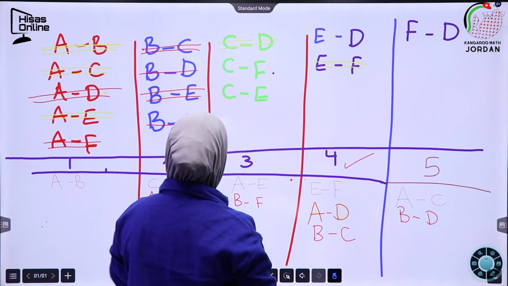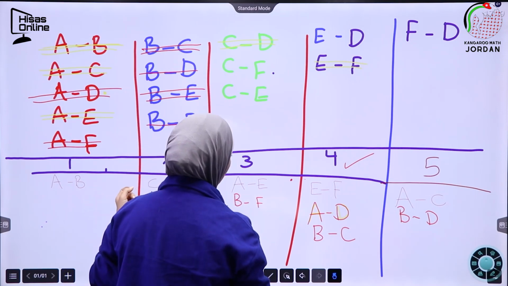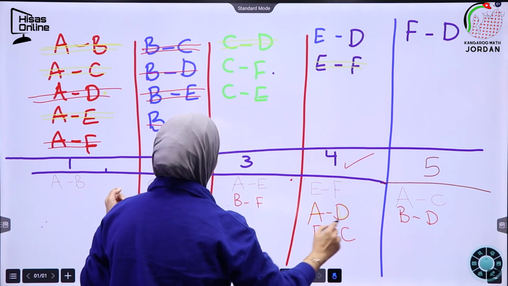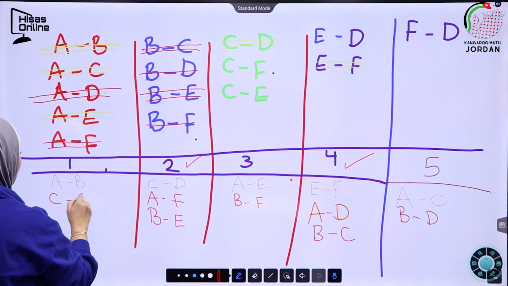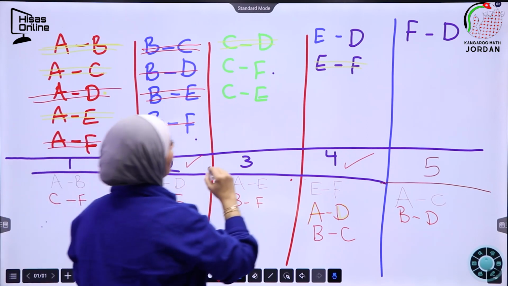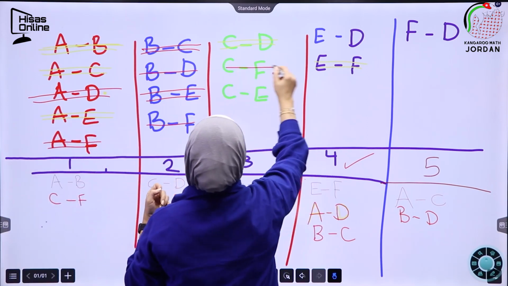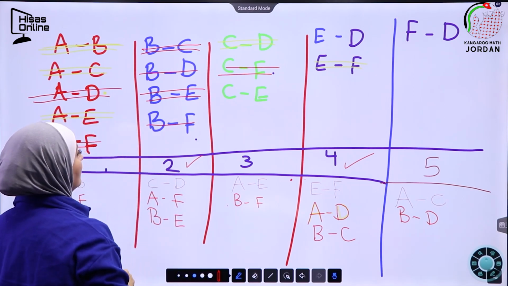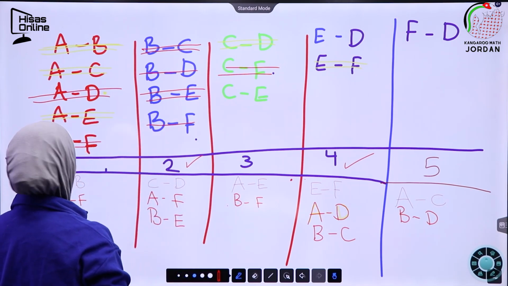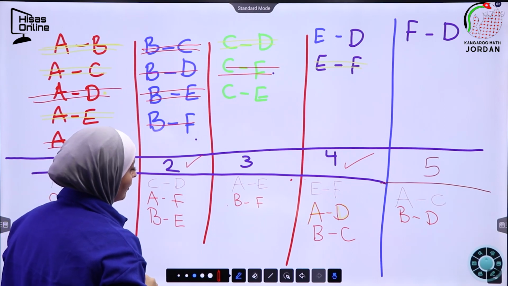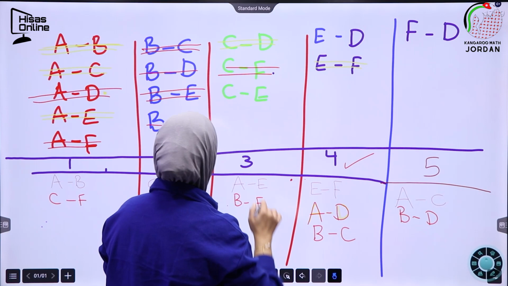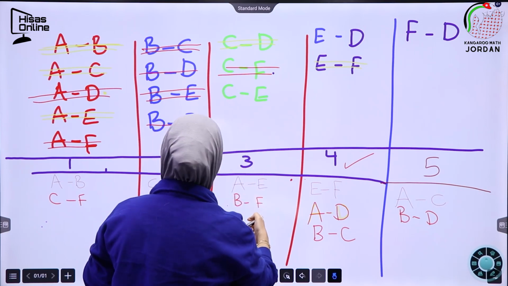Okay, CF. We still see having CF. So CF, no way to have it here, no way to have it here. So here we have CF. Okay. And why not have CE here? Okay, let's continue and see what goes wrong. CE, no way to have E here.